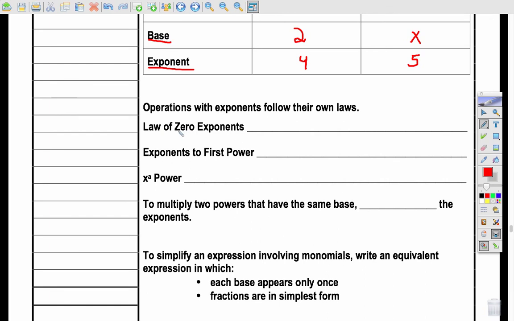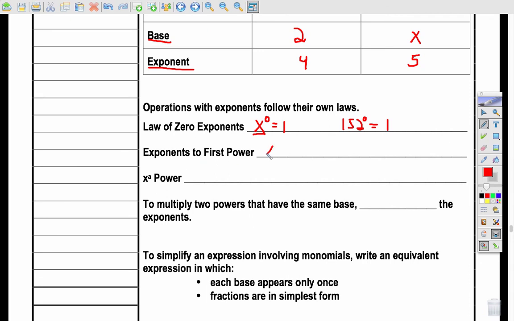Now, operations with exponents. Okay, this first one, the law of zero exponents, that's when you have an exponent that is 0. Anytime you have an exponent that is 0, it doesn't matter what the base is, the answer is going to be 1. So here's an example, it doesn't matter if I said 152 raised to the 0 power, that equals 1.